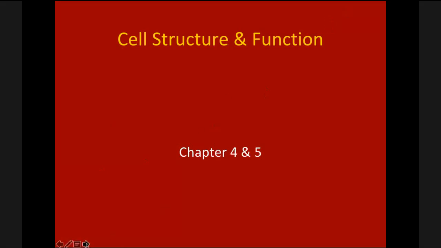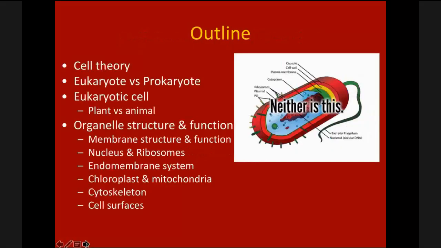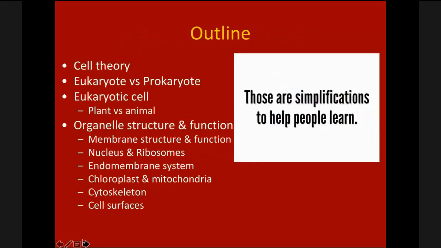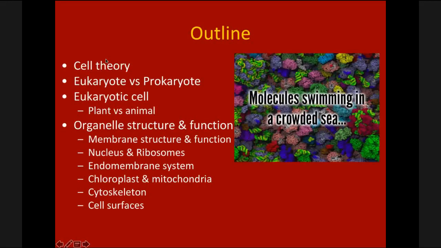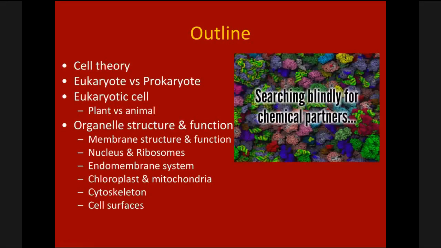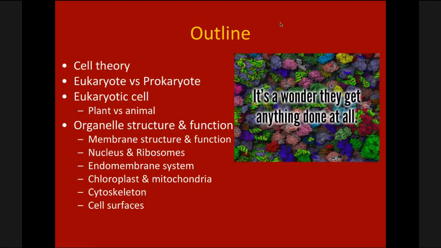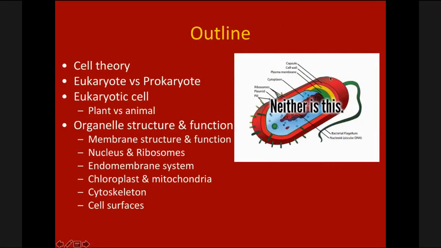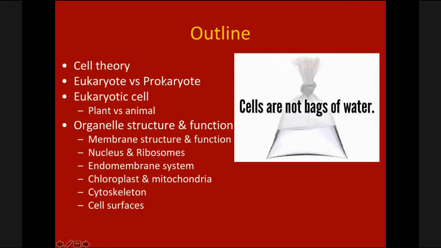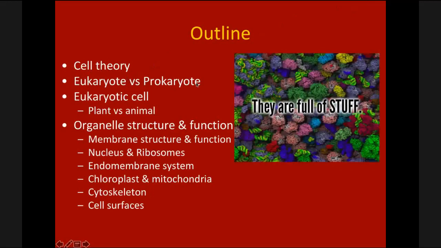Okie doke. Are you ready to start learning about cells? So I'm going to hopefully just get through cell theory today. I'm going to introduce cells and talk a little bit about what we know about cells. And then we'll come back and take a look at the different categories of cells that we see on Earth.